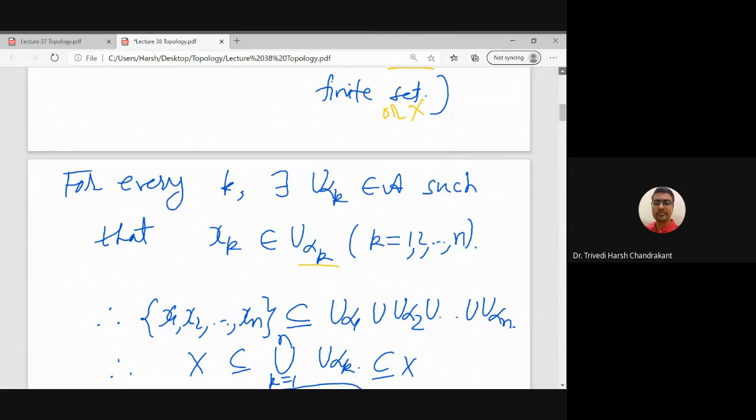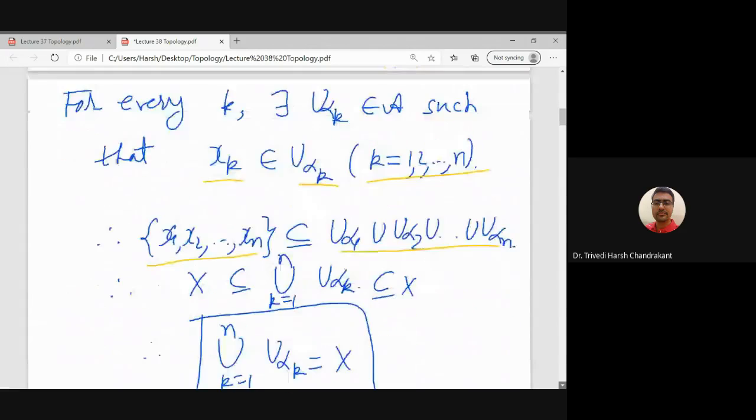That U alpha I will call U alpha k, which covers Xk for every k from 1 up to n. So now for every Xk I got U alpha k which is open, and Xk belongs to U alpha k. So that means the union of Xk is a subset of the union of U alpha k. And we know that this is the set X, the whole set X, because X is a finite set having these X1, X2, Xn elements.